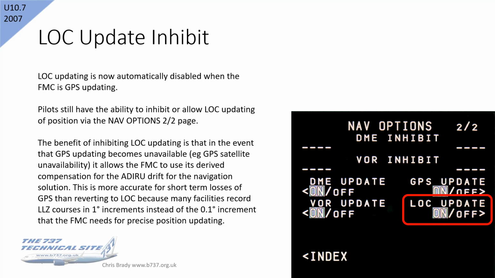So it is 10% less accurate to use lock updating than it would be to use, say, the compensation for ADIU drift. So that's why it's done. If you wish to update this way, you can manually select it, but the advice generally is not to, and leave the FMC to do its own calculations its own way.